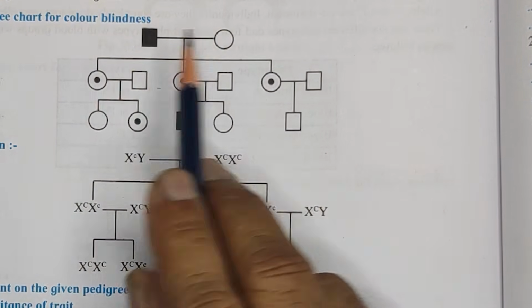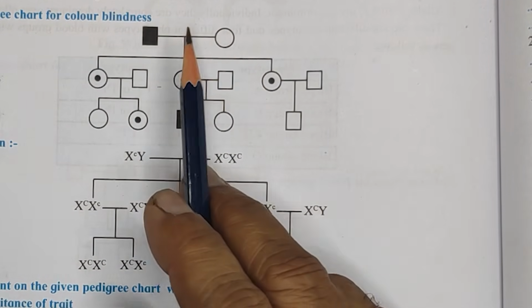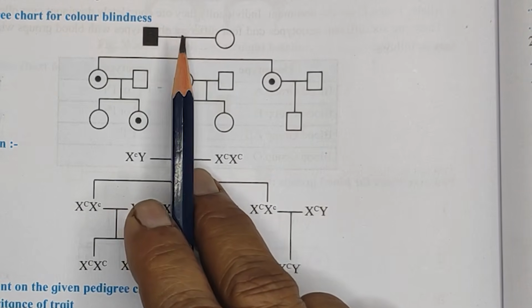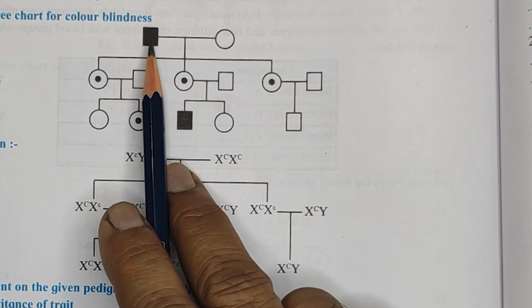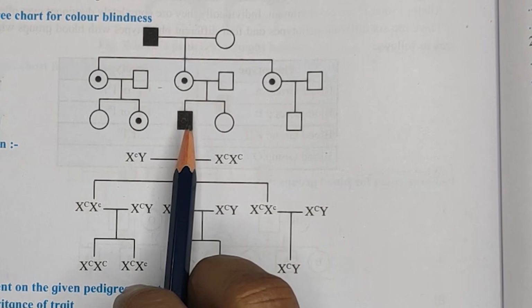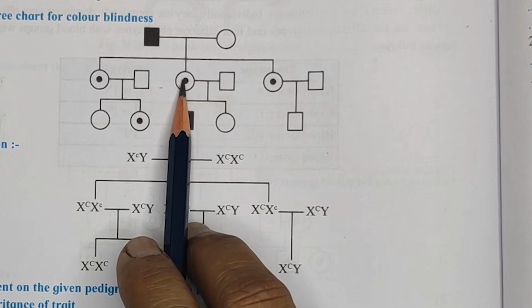And this inheritance shows a crisscross type of inheritance. Why? Because the disease is passed from the father to the grandson, through the carrier daughter.